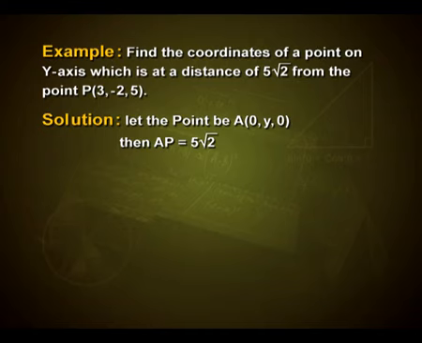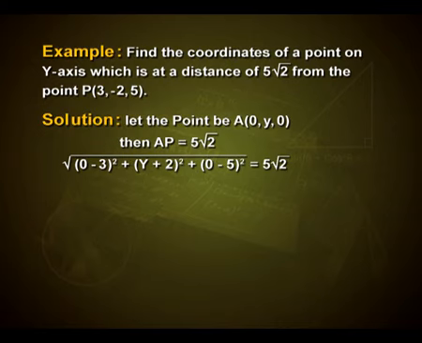So, using the distance formula, we have the square root of (0 minus 3) whole square plus (y plus 2) whole square plus (0 minus 5) whole square is equal to 5 square root 2, which on simplification gives us 9 plus (y plus 2) whole square plus 25 is equal to 50.